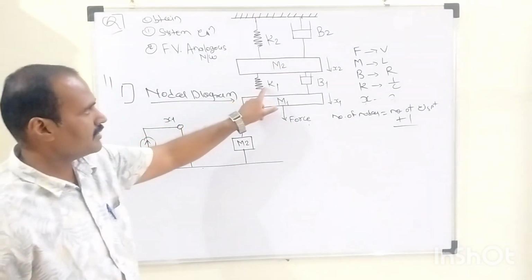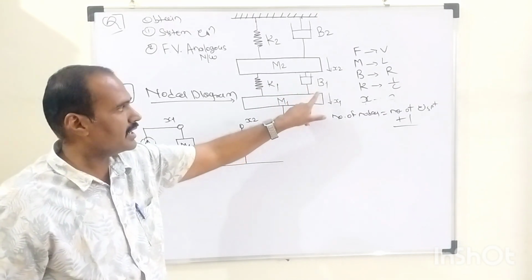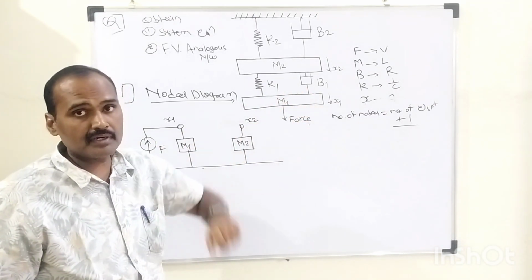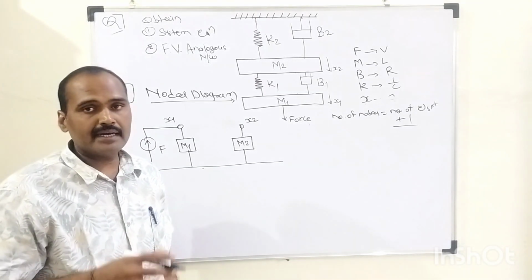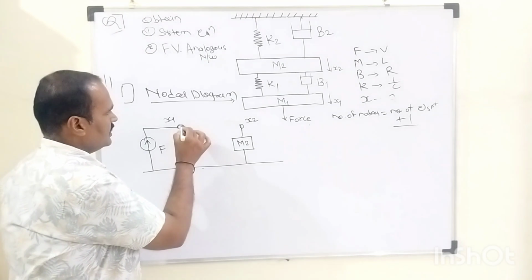Then immediately after that, we need to decide how the two intermediate components, K1 and B1, are connected. As I told you earlier, K1 and B1 are connected in between x1 and x2. So here we need to show it this way.